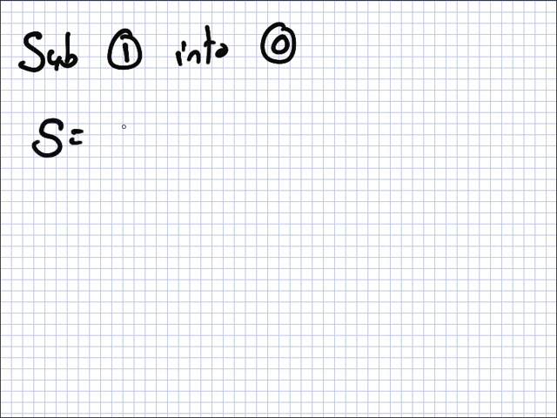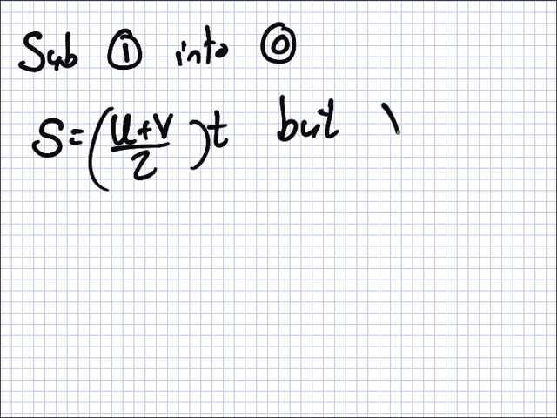So S equals U plus V over 2 multiply T, but V equals U plus AT.